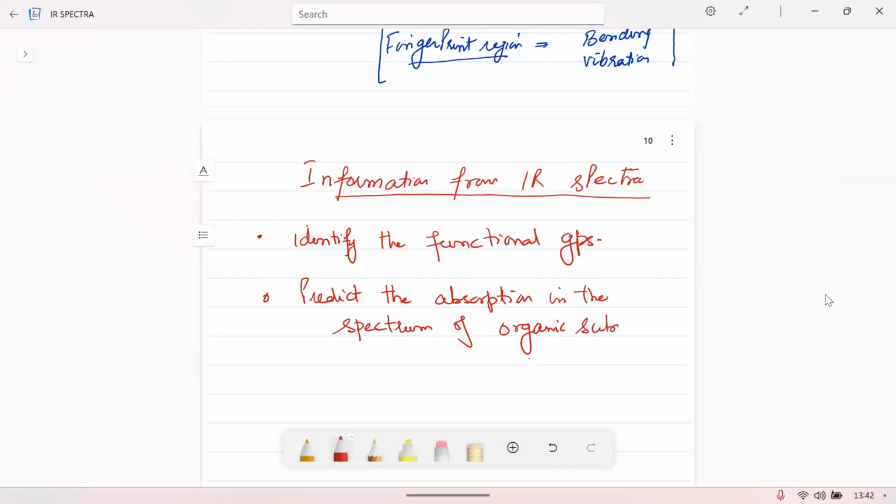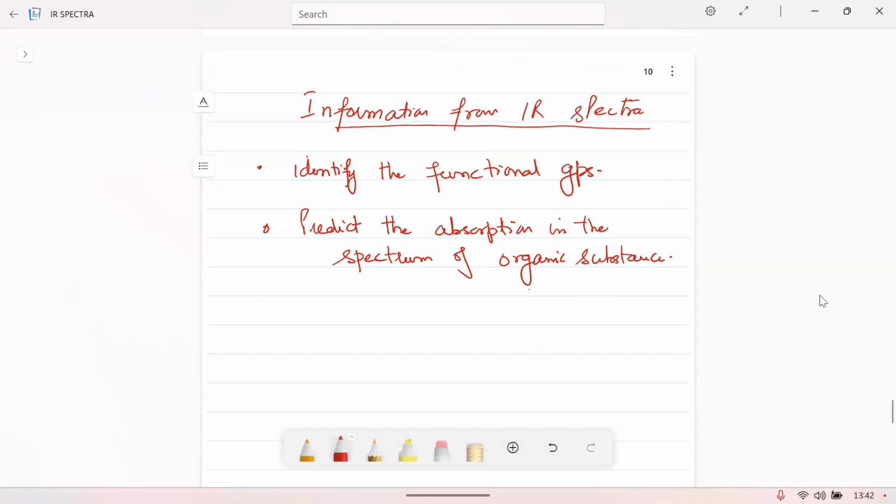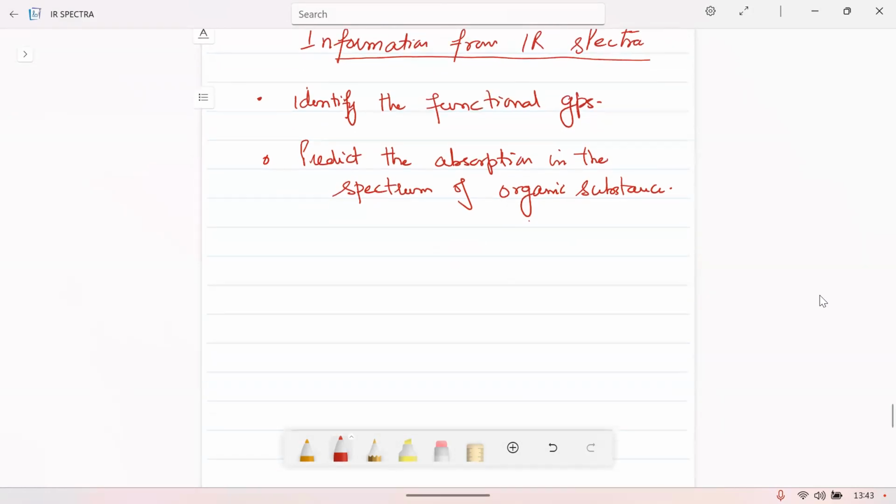For example, if I know my organic substance is an alcohol, because of the OH, I can figure out where its absorption peak will be. Because the OH in alcohol will have an absorption at a specific wave number, while the OH in carboxylic acid will have an absorption peak at a different wave number. So based on that, we can predict where the absorption peak will be.